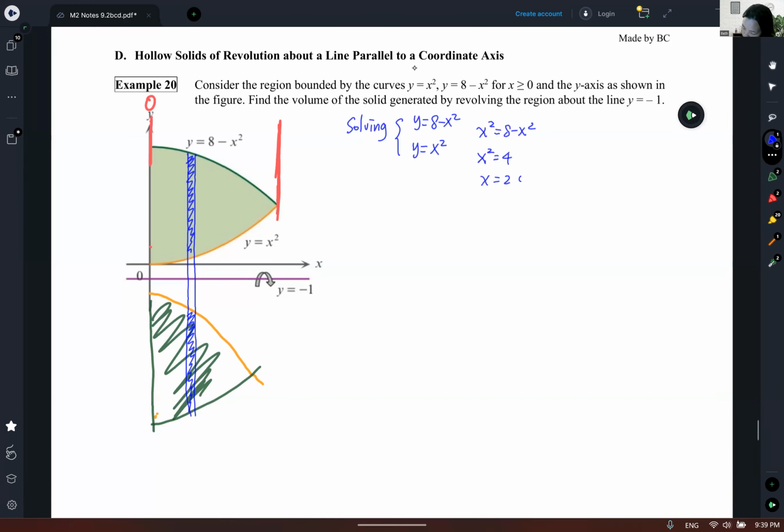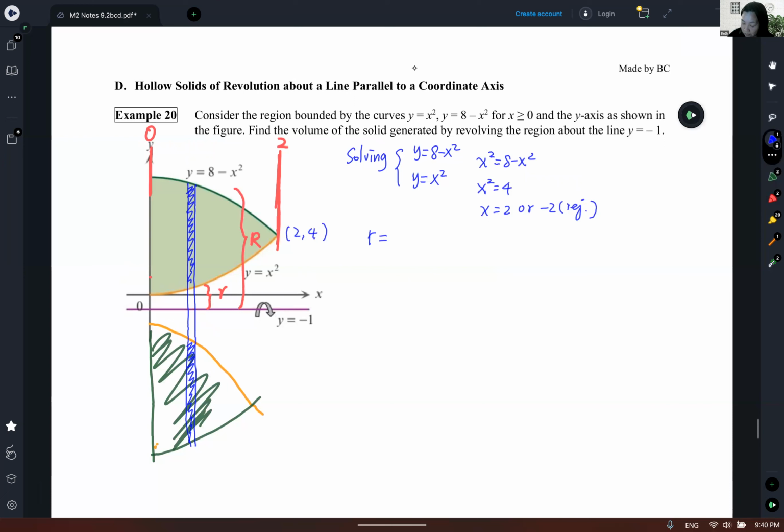The small r is from the orange to the purple. The bigger r is from the green to the purple.